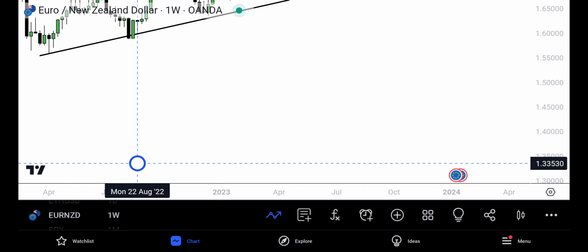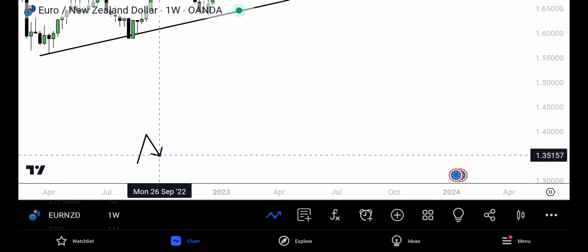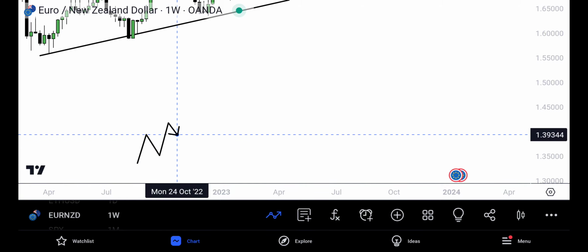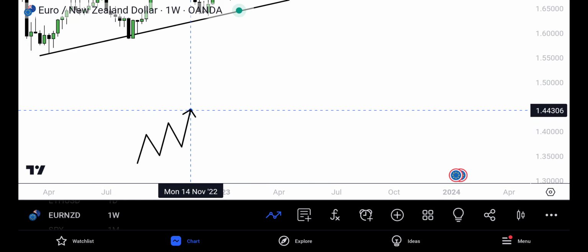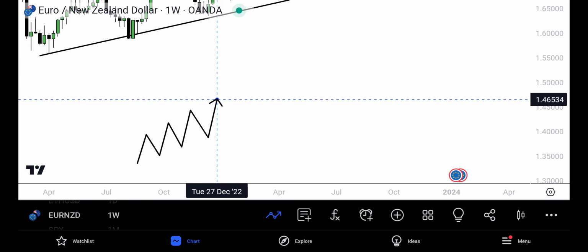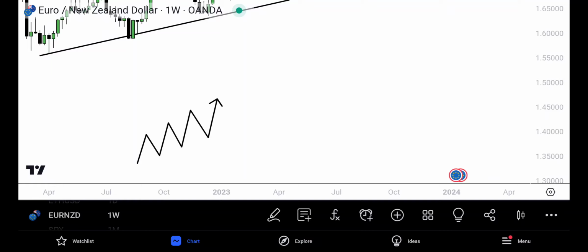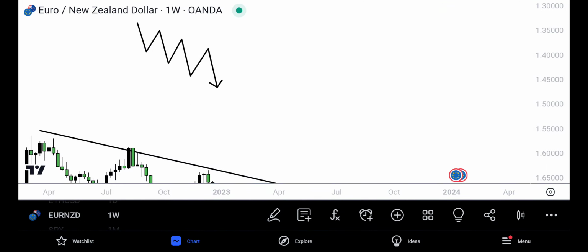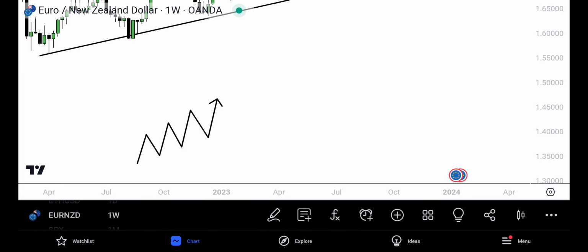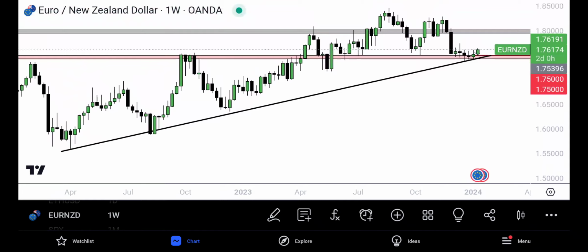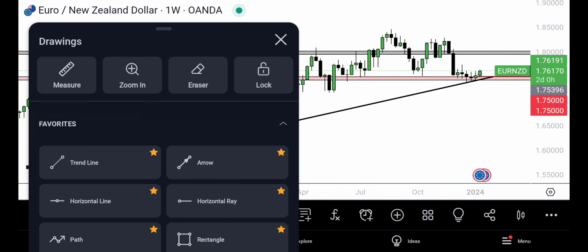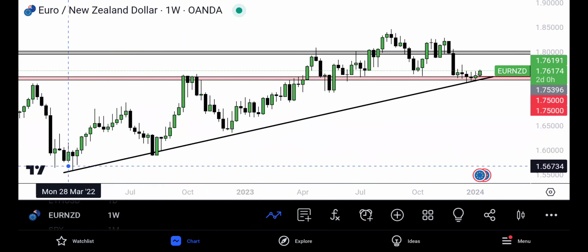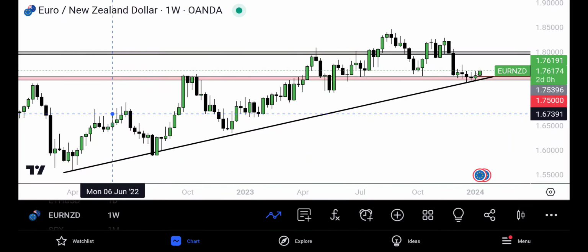An uptrend market looks like this: higher highs, higher lows, higher highs, higher lows, higher highs, higher lows, higher highs. This is an uptrend market. If you want to know a downtrend market, you just invert it, and you see this is a downtrend market. If you look at this market clearly, you see that exactly what I just stated is what the market is doing.